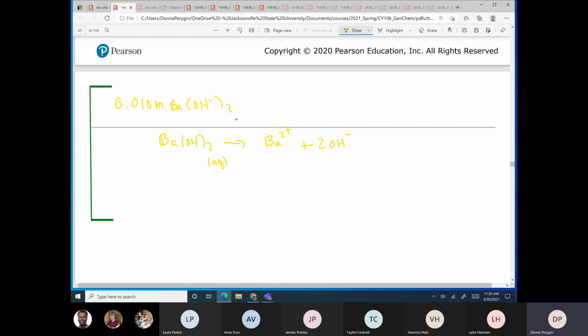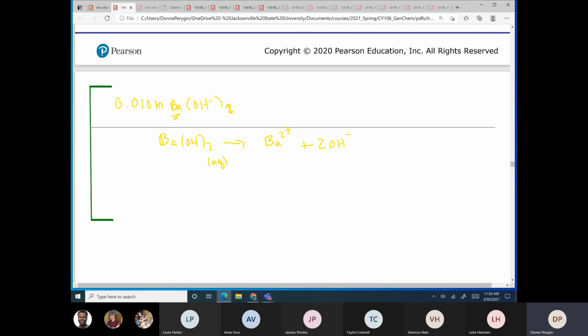Okay, so we got the 2OH- here because of this 2 here. Okay, we got 2 OHs associated with our barium. Okay, and that's because OH- has a -1 charge and barium has a +2 charge. All right, and that's our balanced equation, and so we know that we're going to get 2 moles of hydroxide for every 1 mole of barium.